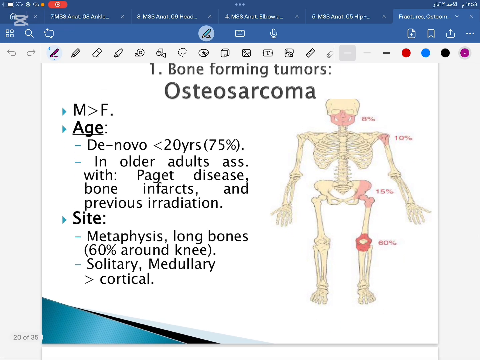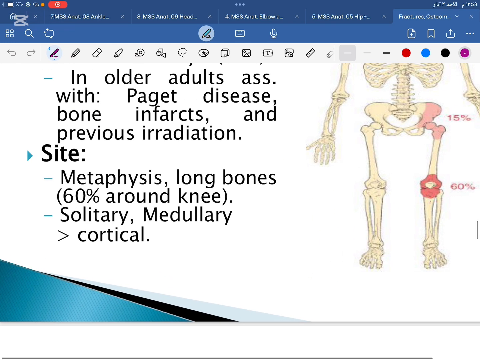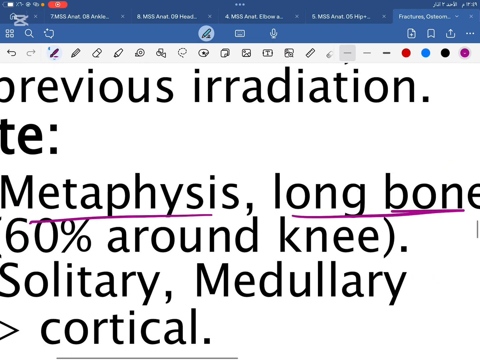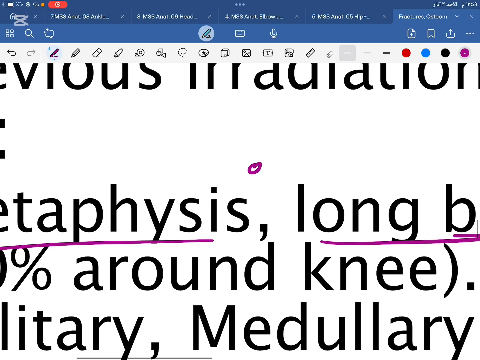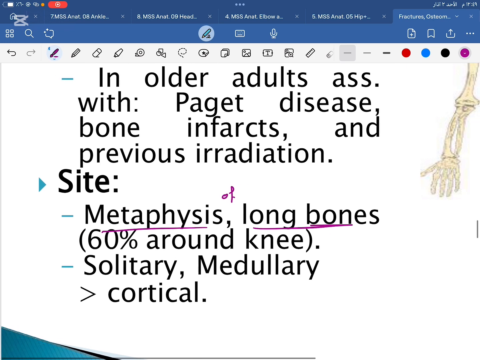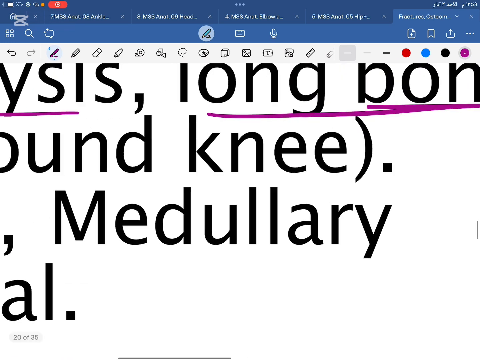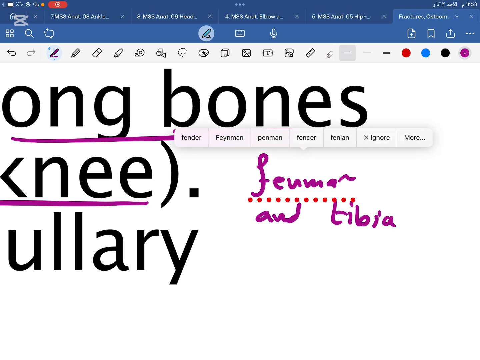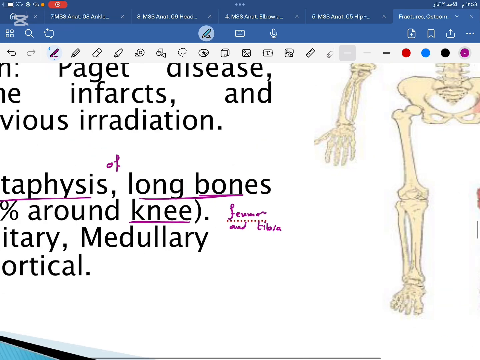Site of involvement for the bone is the metaphysis of long bones, okay? The most common site is around the knee joint, the femur and the tibia. Usually it is a solitary lesion affecting the medullary bone more than the cortical bone at the metaphysis, okay?